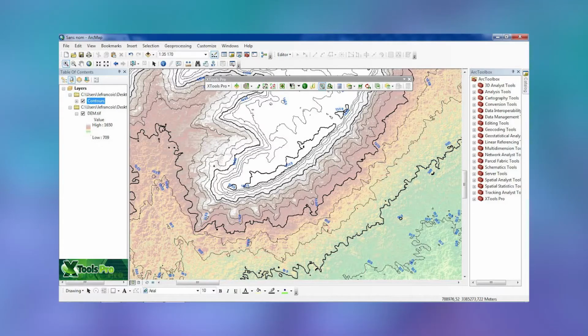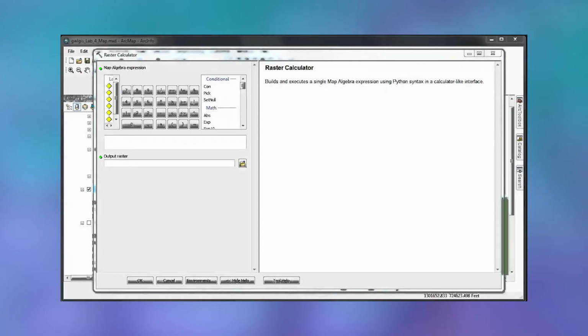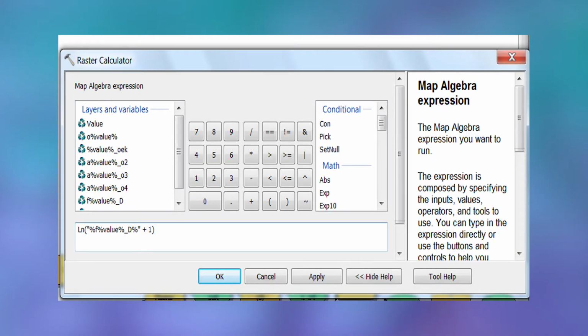Map algebra. The raster layer calculator, or simply raster calculator, is used to run algebraic expressions using various tools and operators through the interface of a simple calculator tool, that is the raster calculator tool. The performance of equations depends on the tools or operators involved in an expression.